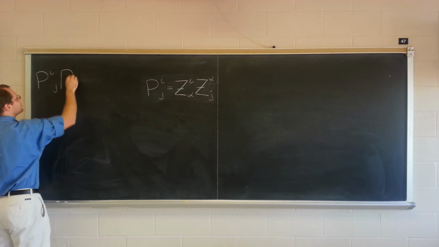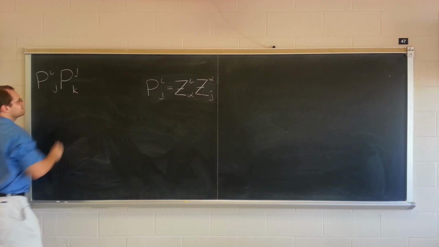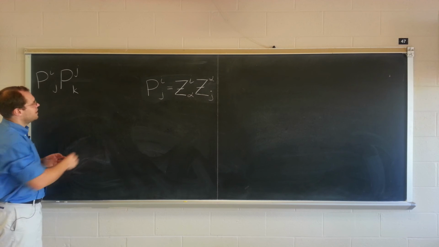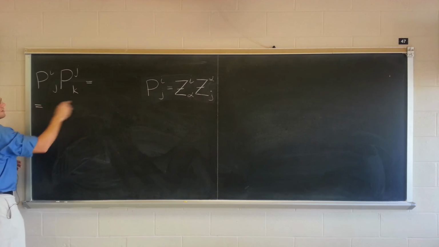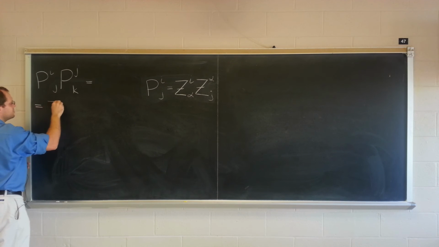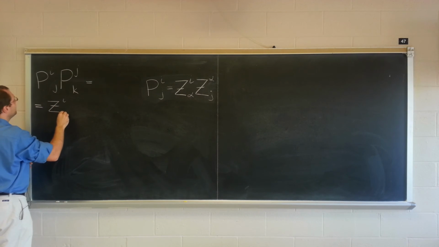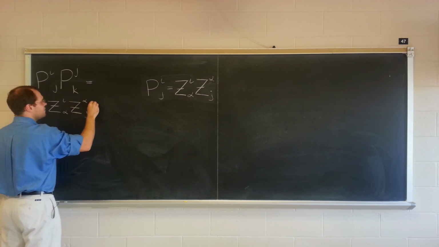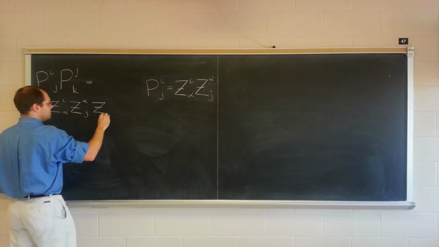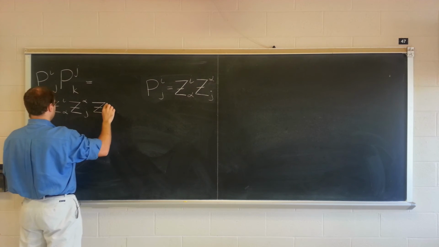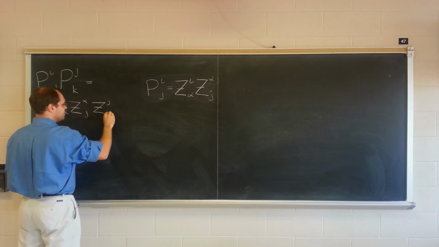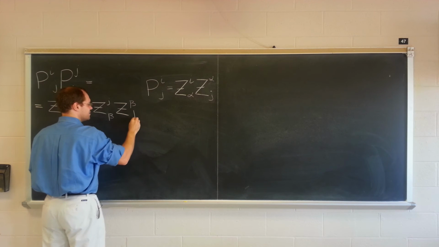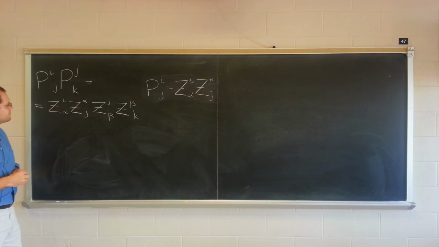Okay, so a projection followed by another projection would be something like this, the product of the corresponding matrices representing the linear transformation. And then let's recall the expression for each one of these projections. This is Z_i^alpha C_alpha j, and this would be Z^j_beta, I mean Z_j^beta Z_beta k. And what do I see now?